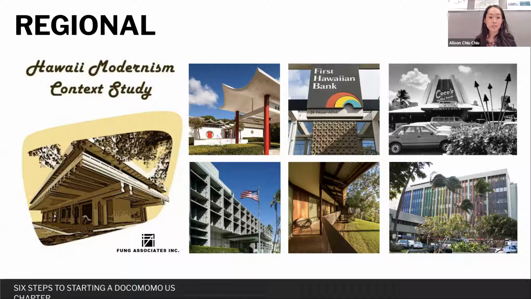We also were really lucky because the firm that I happen to work for now had done a modernism context study just a couple years before the chapter was founded. And so this provided a little bit of a jumping off point for those discussions to happen. There was a lot of support among the architecture and design community where these talks were starting to happen.